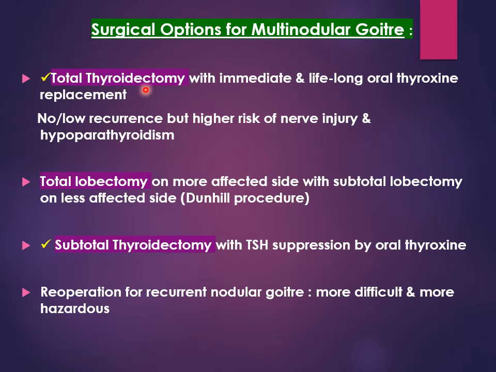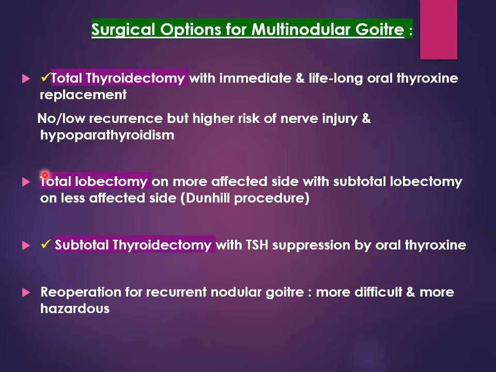So they have to be placed on thyroxine replacement treatment. And also there is a higher risk of nerve injury in this procedure, and also post-op hypoparathyroidism. So with total thyroidectomy, post-operatively they can have nerve injury or hypoparathyroid problems.